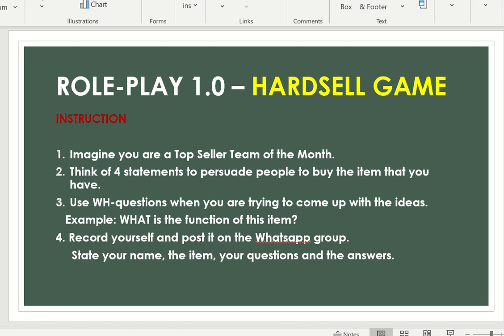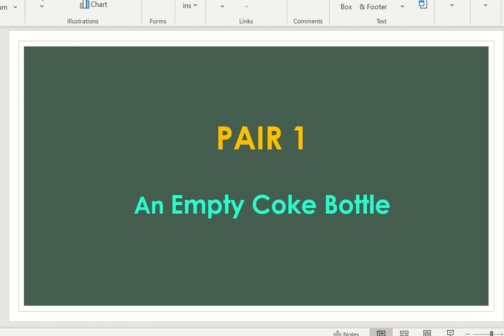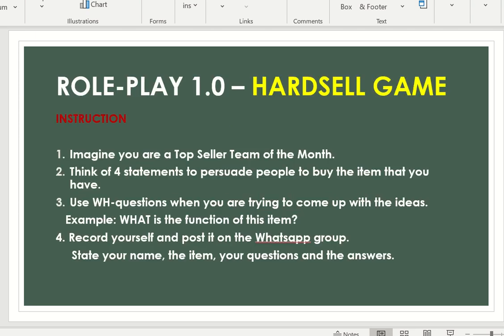For example, okay, an empty Coke bottle. Firstly, you have to introduce yourself. Hello, my name is Siti Khadijah, and then my item is an empty Coke bottle. Okay, after that, you have to think of 4 statements in order to persuade the customers to buy the item that you have.